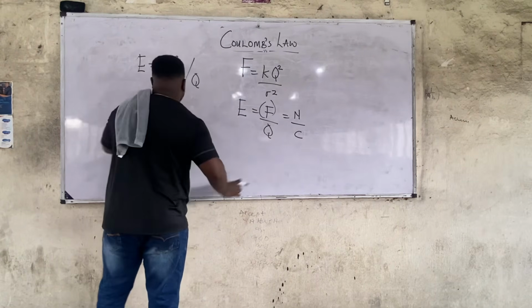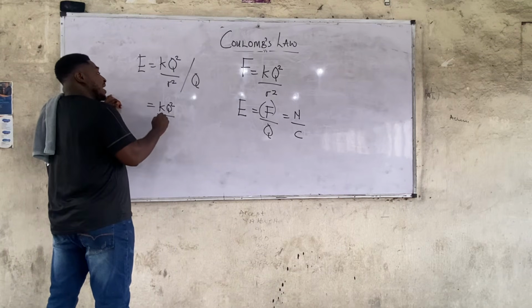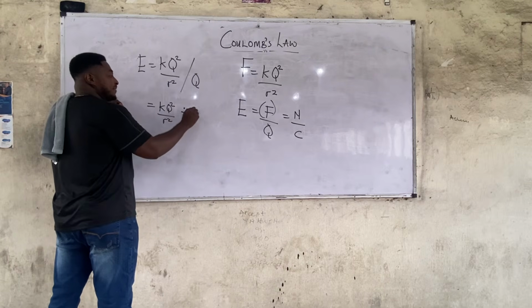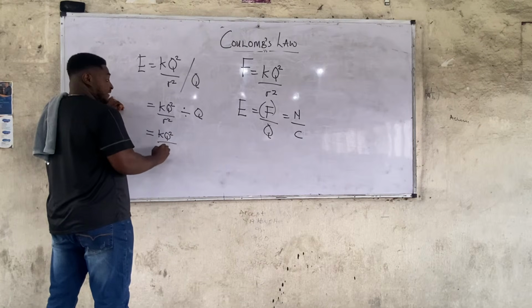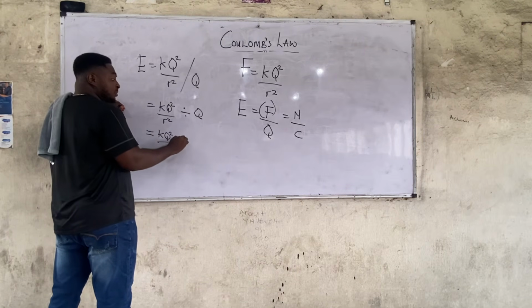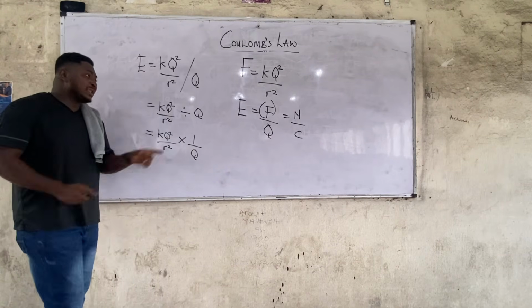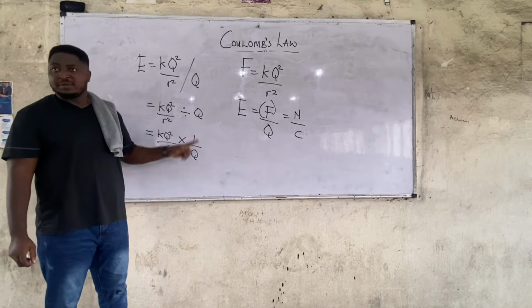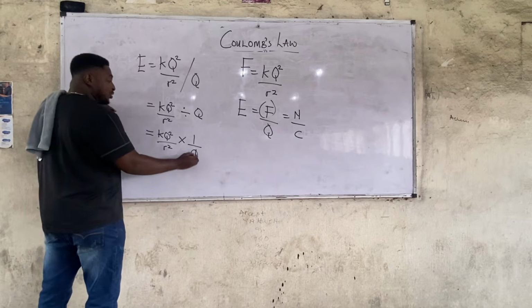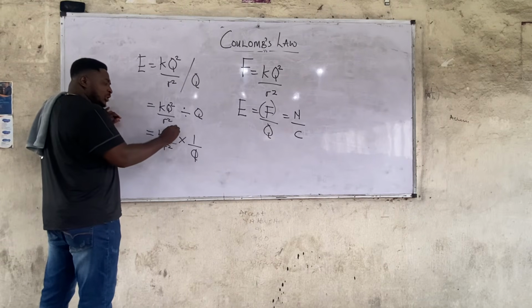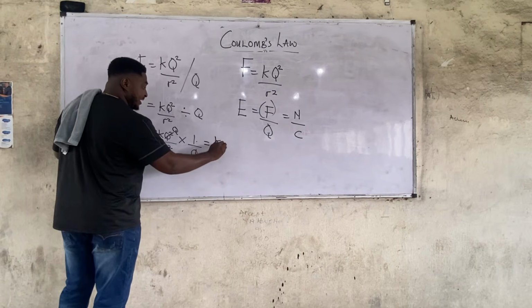This all over means divided by Q. If this division changes to multiplication, Q will come down, times 1 all over Q. Then this Q can kill one Q here, leaving only one Q. So what's remaining is KQ times 1, KQ.